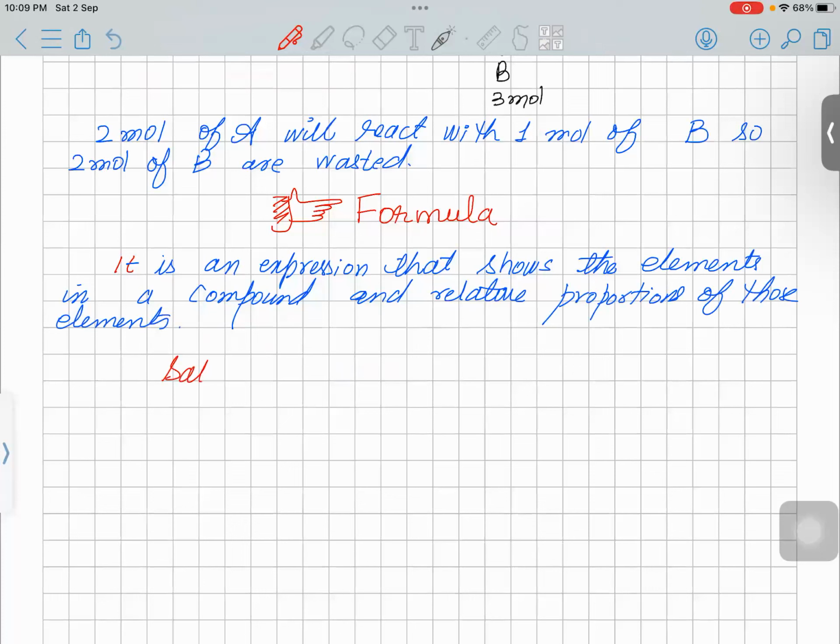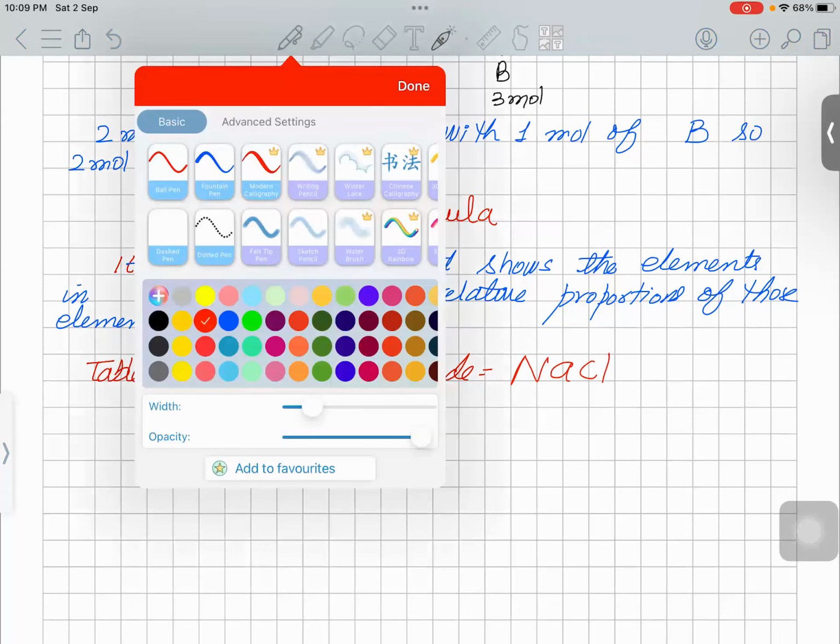Salt. The chemical name of table salt is sodium chloride. So the elements are sodium and chlorine.